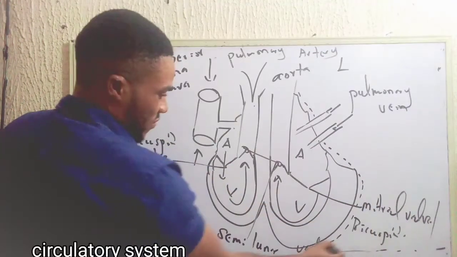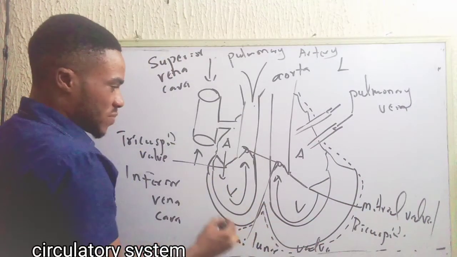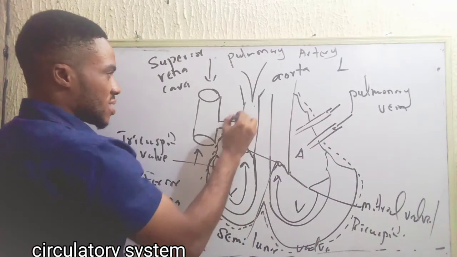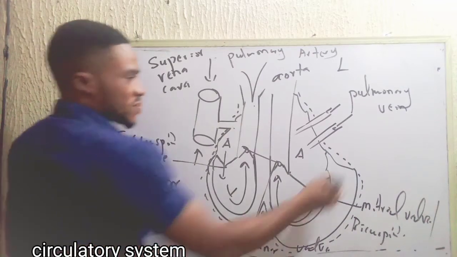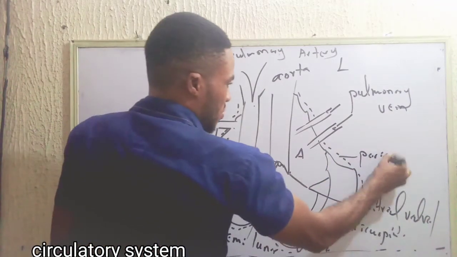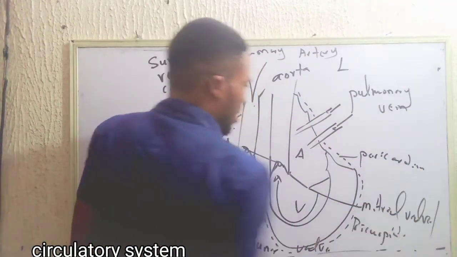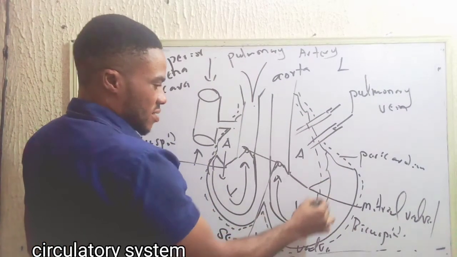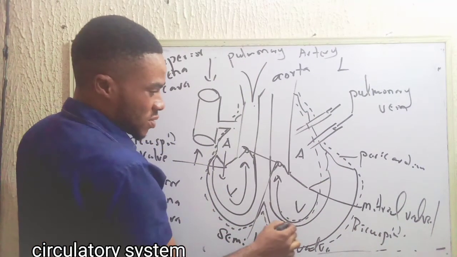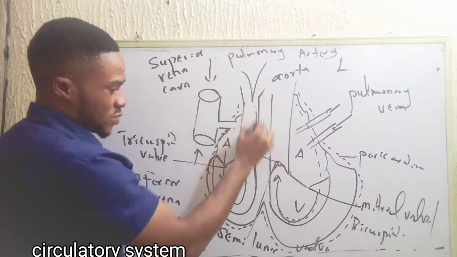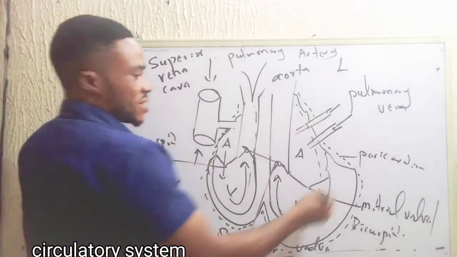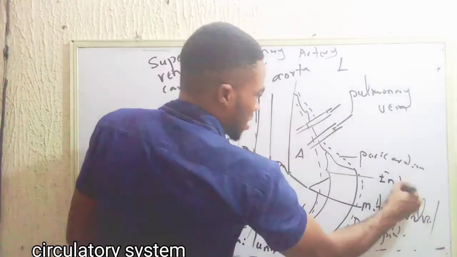Now, a heart equally has tissues surrounding it at the outer part that prevent over-expansion of the heart and make the heart work more efficiently. That is known as what? The pericardium. And at the inner part of the heart, another tissue is there that makes the inner part of the heart smooth. That's known as what? The endocardium.